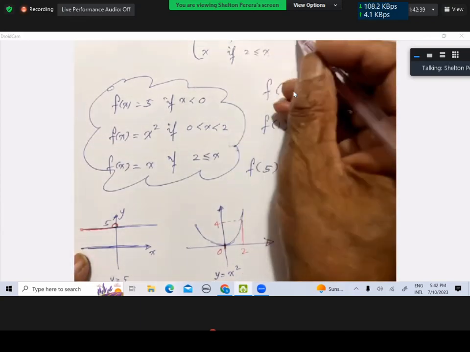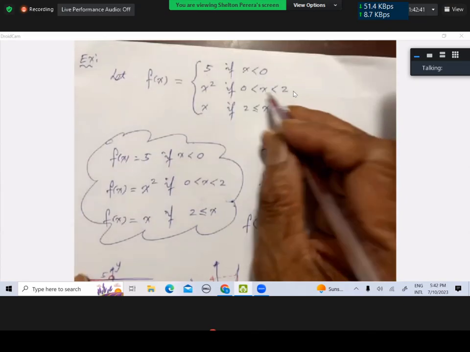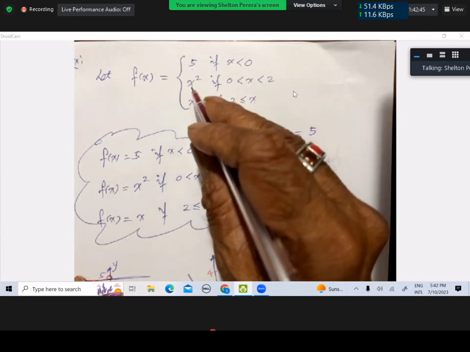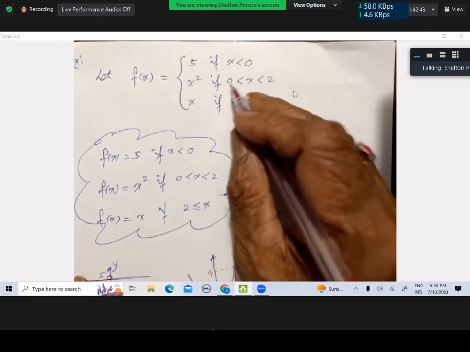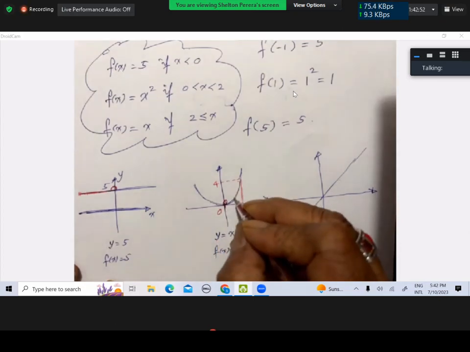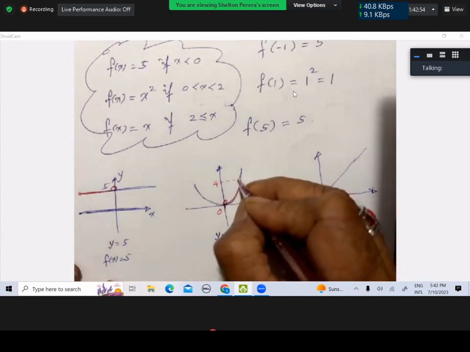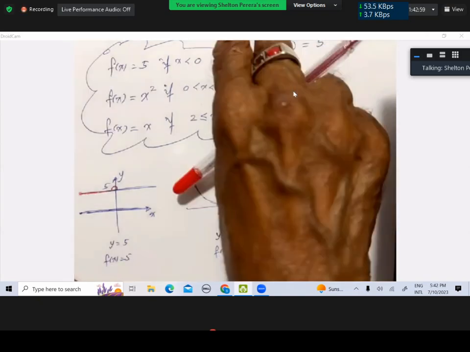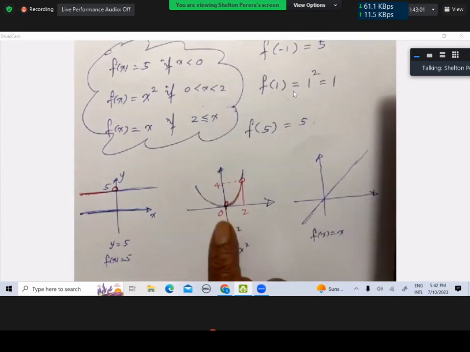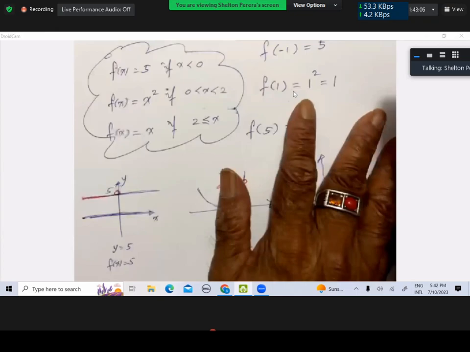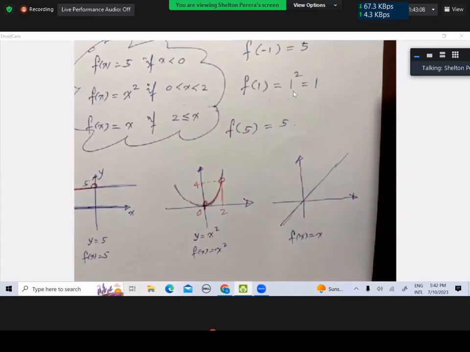Both holes. Graph of x squared from 0 to 2, not equal to any place. So here a hole and a hole there. From x squared graph, I cut the piece between 0 and 2. Inputs are on the x-axis, outputs are on the y-axis. That you all know.